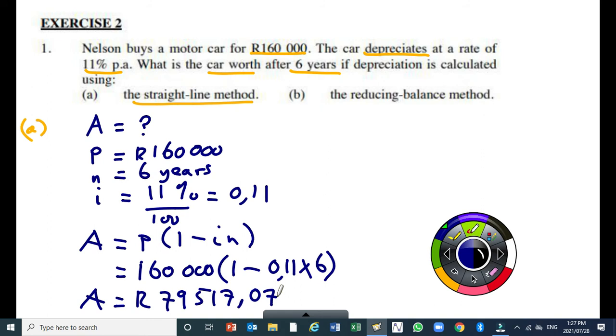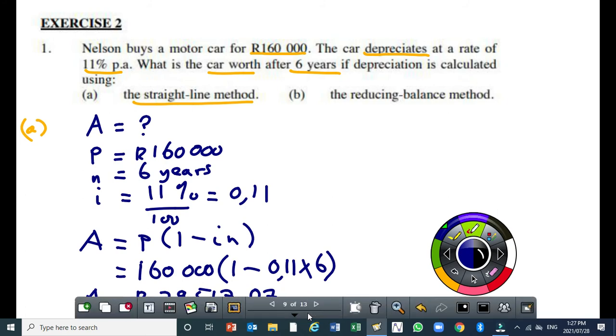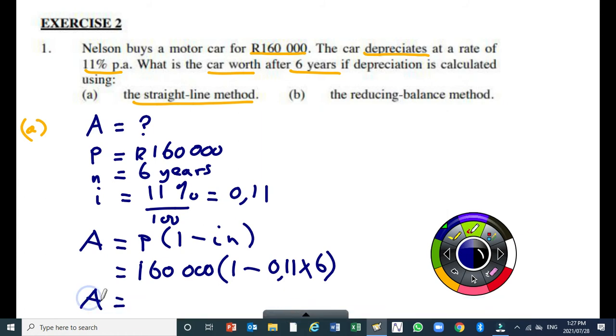I got 54,000. So you put the percent sign on the calculator. If you don't put the percent, just put 0.11 times 6. You can put the percent sign, or you put it over 100.